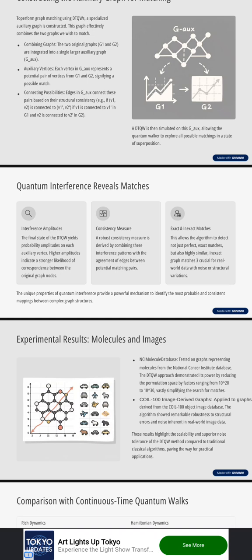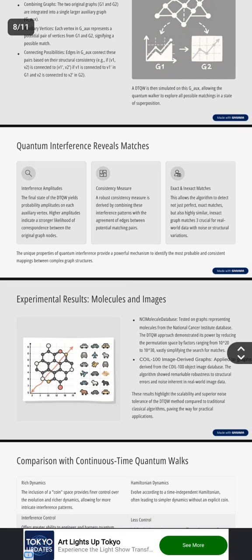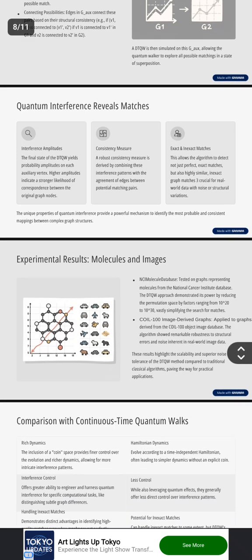Higher amplitudes indicate a stronger likelihood of correspondence between the original graph nodes. Next is consistency measure. A robust consistency measure is derived by combining these interference patterns with the agreement of edges between potential matching pairs, exact and inexact matches.